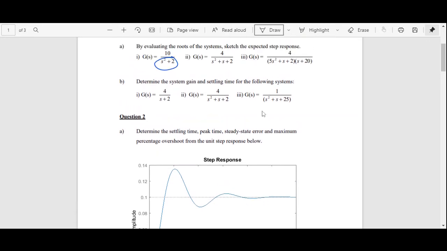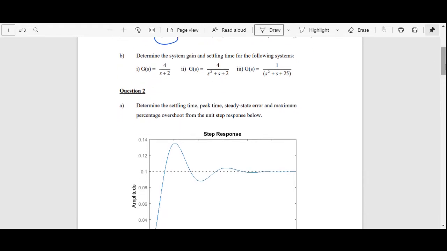The second part here, going through the paper generally to point out any errors that may raise some concerns. Consider that persons have not yet given much attention to the worksheet. Part B is to determine the system gain and settling time for the following systems. All right, so this here is a first order system, and so we remember the general expression for a first order system.